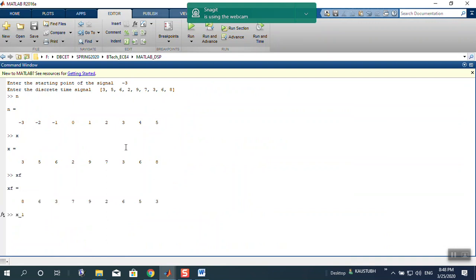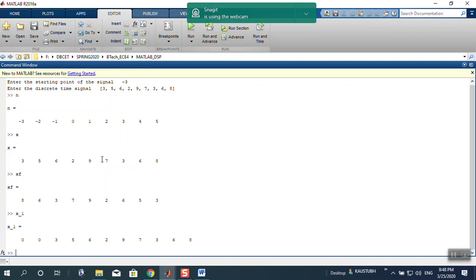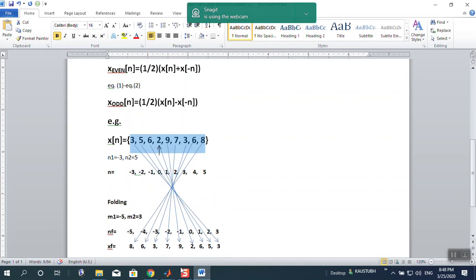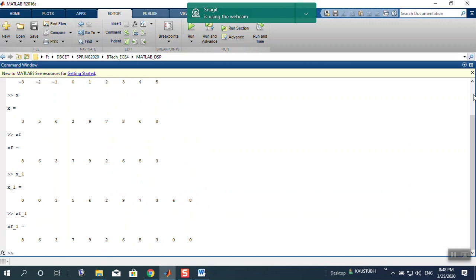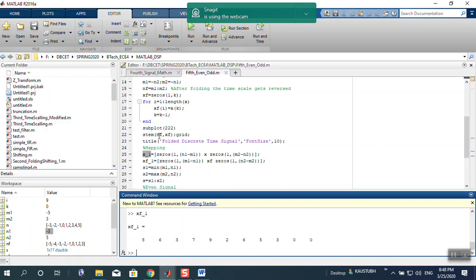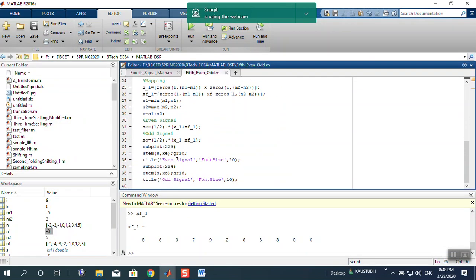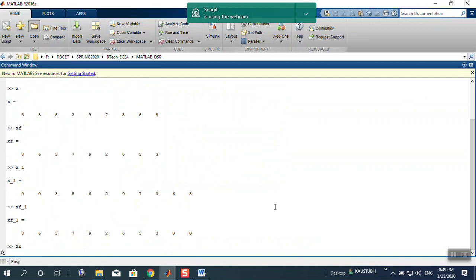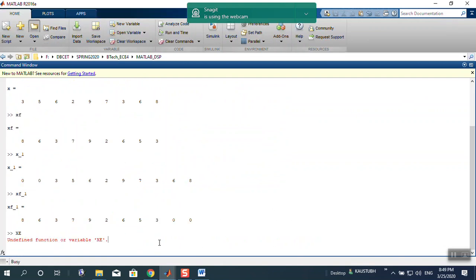Now x1 with the zeros, xf1 with these zeros. So the result is XE and XO. So XE, sorry, caps lock got on.